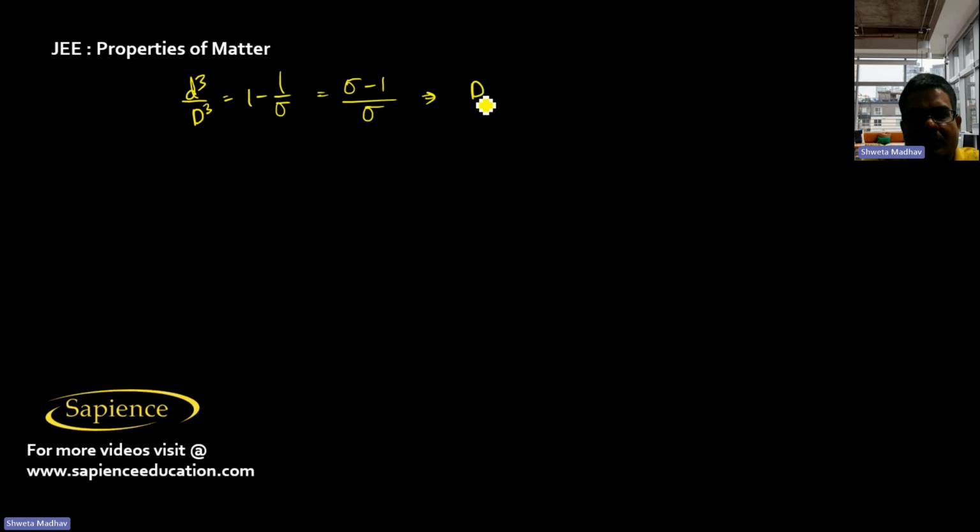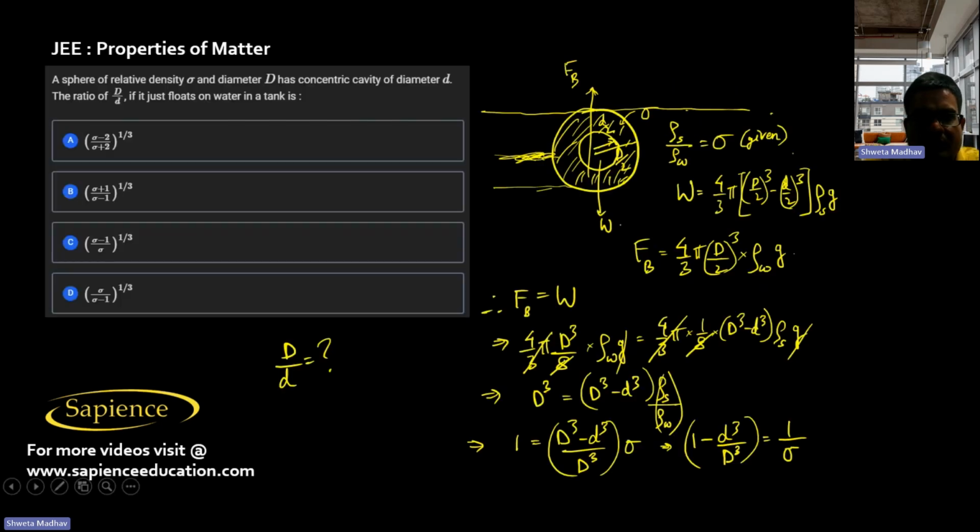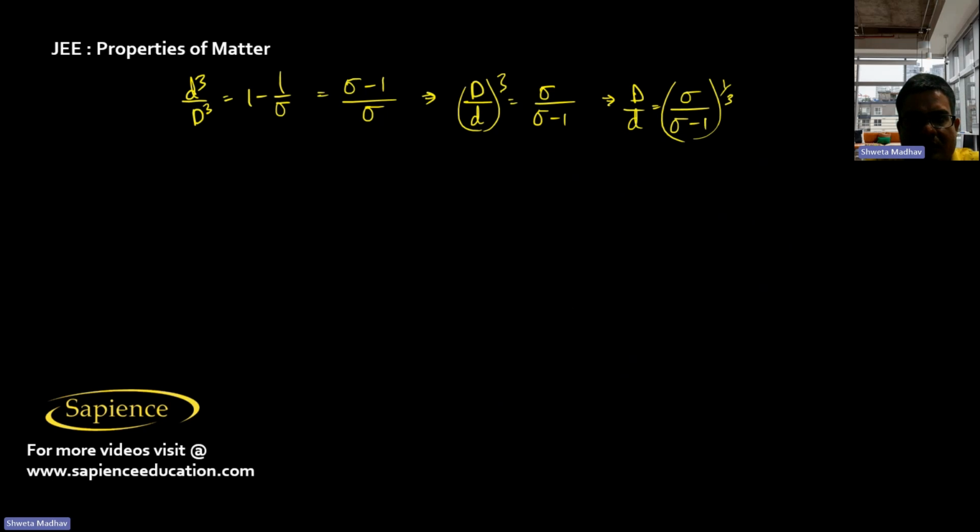So therefore d by d whole cube is equal to sigma by sigma minus 1. So therefore d by d is equal to sigma by sigma minus 1 whole power 1 by 3. So option D is the correct answer.